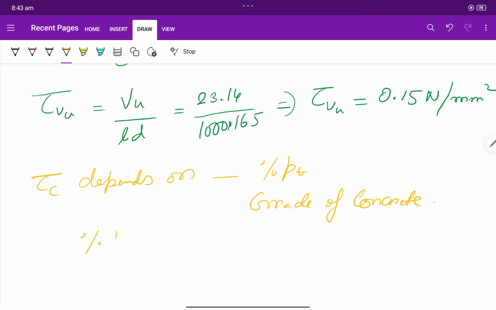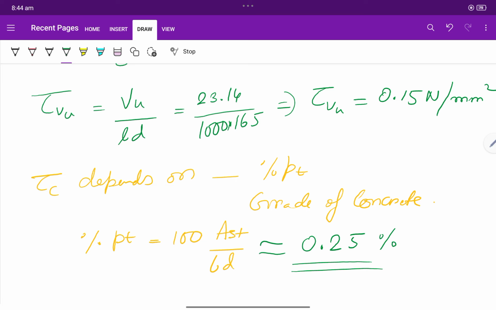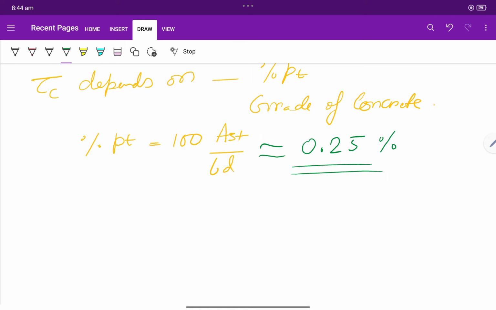Percentage pt is equal to 100 into ast divided by bd. If nothing is given as percentage ast, for ease of calculation in slab we can assume it as 0.25. The grade of concrete is M25.